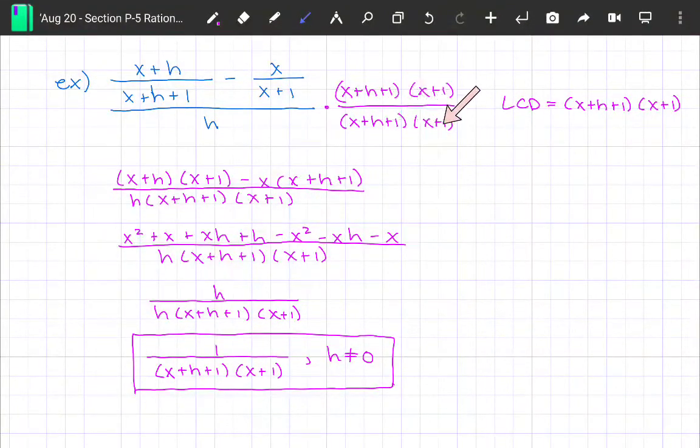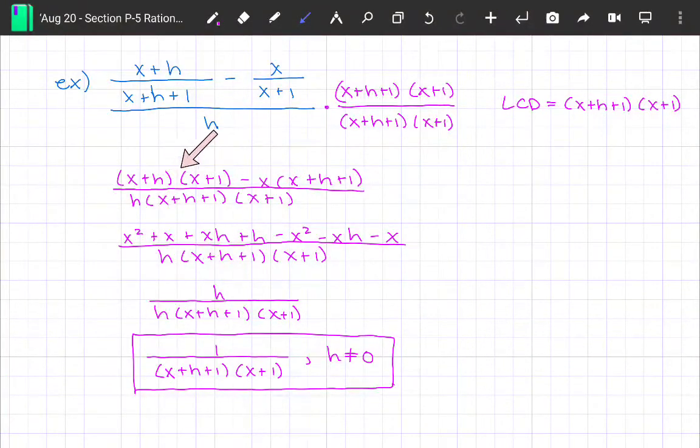And then when I multiply the LCD by the denominator, nothing cancels out, so I have the whole thing. Then I'm going to see if this simplifies at all. Because of this minus sign here, I don't really have the numerator factored out. Instead, I'm going to have to multiply out this term, combine like terms, and then see if it factors.